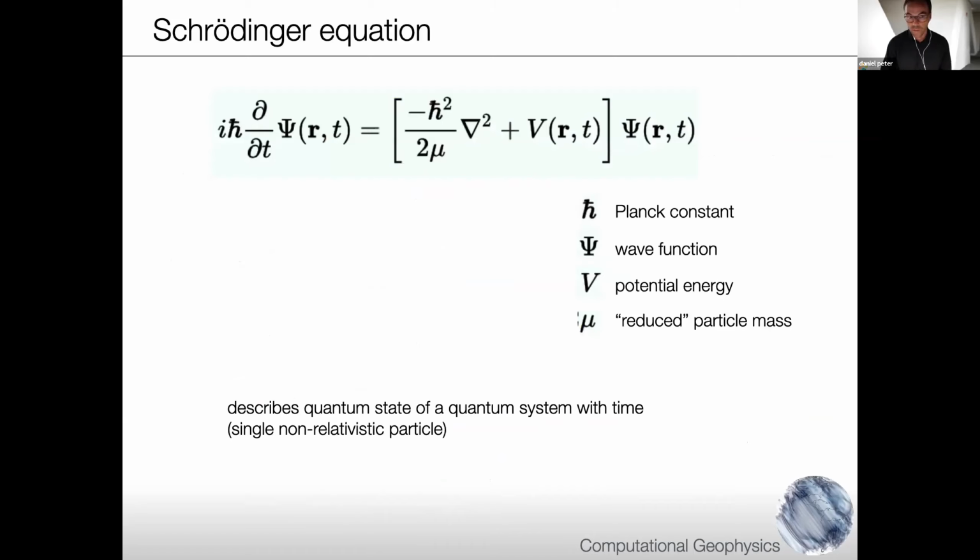And another one for quantum systems is the Schrödinger equation. I don't know if you saw this when you studied physics. It is one of the equations you will see at some point, which describes the quantum state of a quantum system. And again, the pseudo-spectral method, for example, is used to solve these equations.